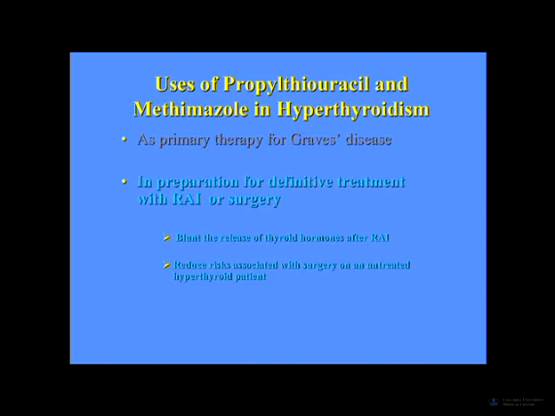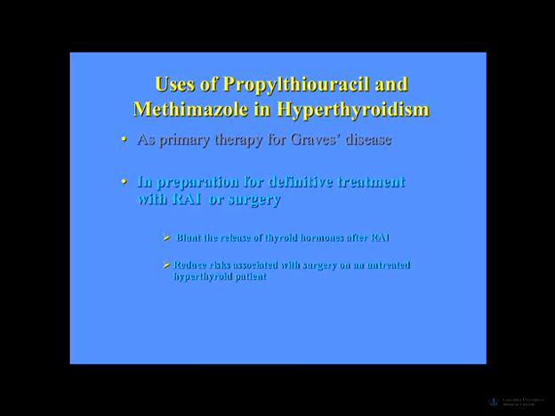Now, this rise in thyroid hormone levels can lead to an exacerbation of the hyperthyroid state in people who aren't prepared properly to decrease the amount of preformed hormone in the gland. For you guys, it doesn't matter. So you get a little bit more thyrotoxic, you get a little bit more anxious, you get some palpitations, maybe some initial insomnia.